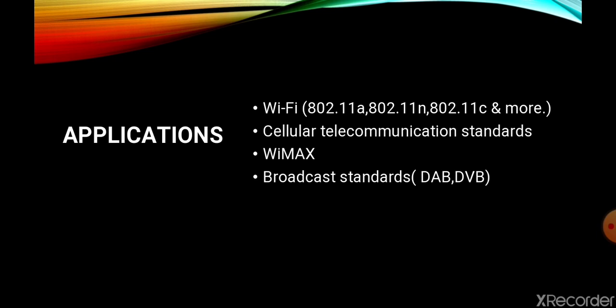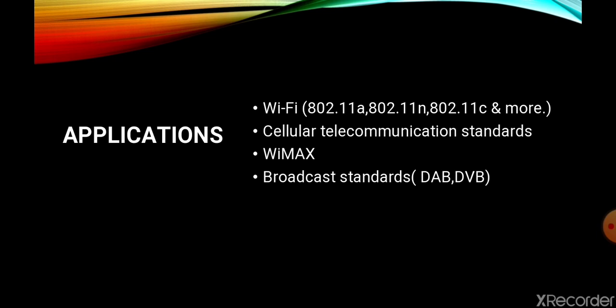Now, applications. In the present world, it's being used in Wi-Fi, wireless fidelity networks, using the 802.11a standard, 802.11n, 802.11c, and even more. It's also being used in cellular telecommunication standards, WiMAX technology, and digital broadcasting standards like DAB and DVB, digital video broadcasting and audio broadcasting.